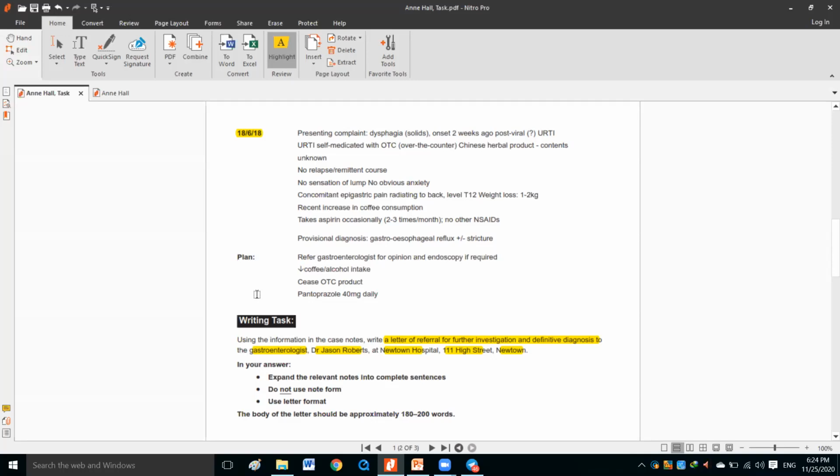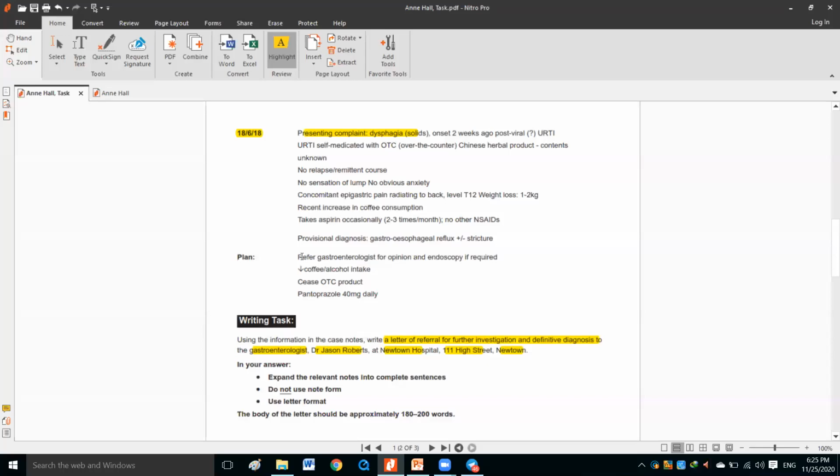So what's the main medical issue for this patient? To refer to gastroenterologist for further investigation and management and endoscopy if required. But this is the request, not the main medical issue. I'm asking about the main medical issue. Dysphagia for solids. Yes, the presenting complaint, dysphagia for solids.